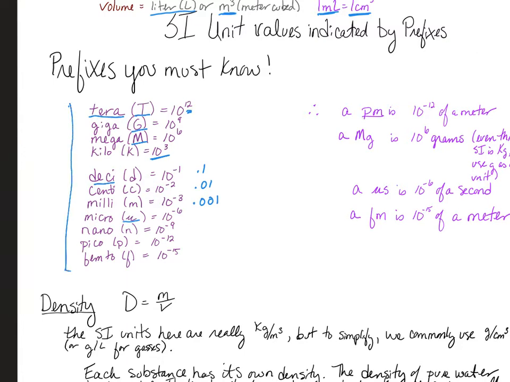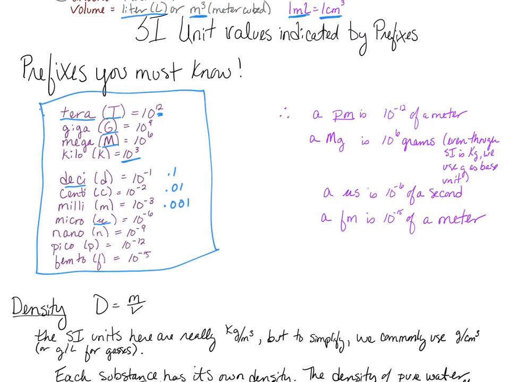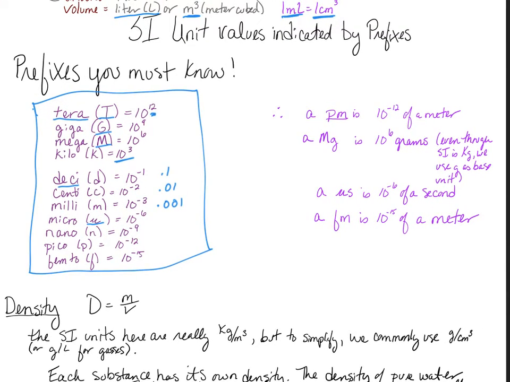Now, I tell you right now, you need to know what these things are. So if you haven't already, make sure you do flashcards or something to that degree that can help you identify what those things are. So one way to use these prefixes is just to say a pm, or a picometer, is 10 to the negative 12th of a meter.